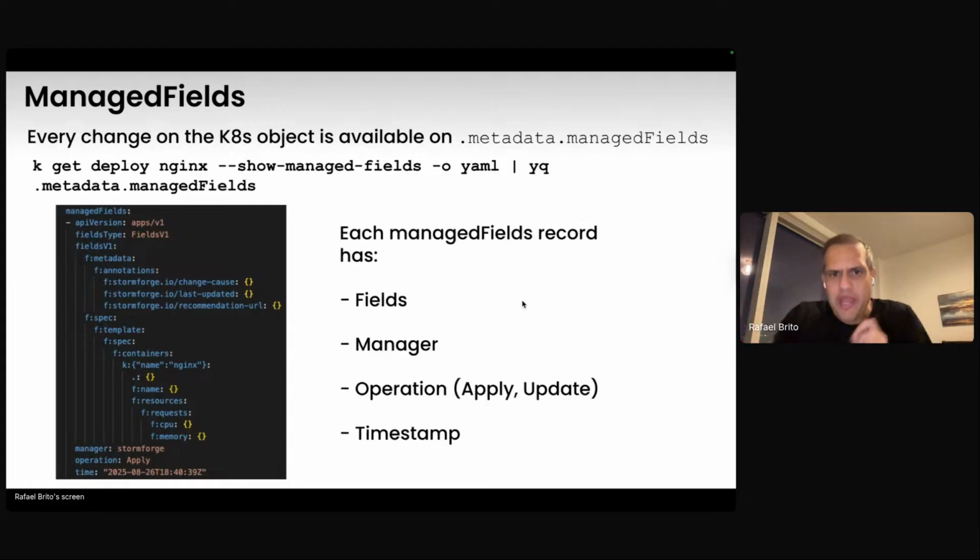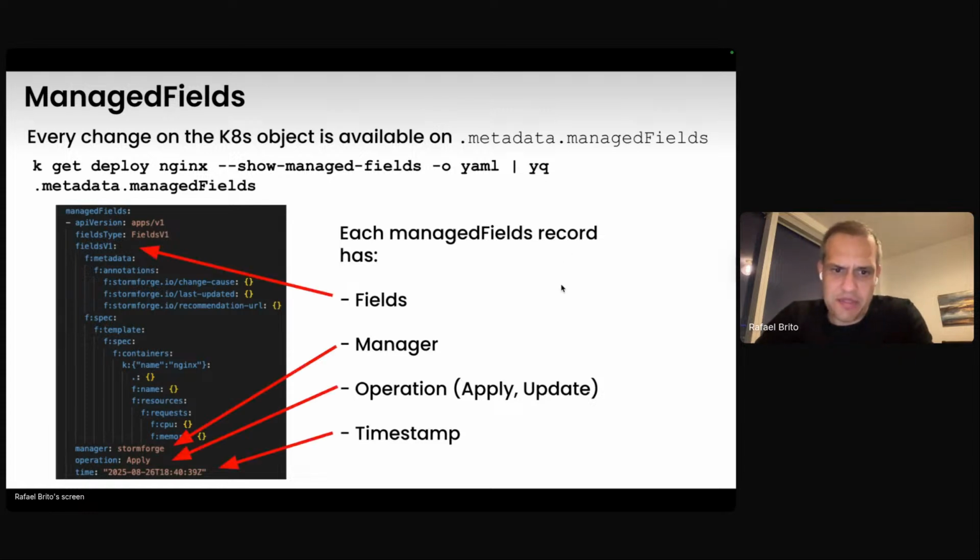So in every record of the managed fields, you have fields, which fields I own, who owns it, the manager, what kind of operation, apply or update, and a timestamp. I'm putting some arrows here in case you get confused. So I invite you to go to any object of your cluster and do this and inspect. Pick one where multiple changes are happening, you'll see.